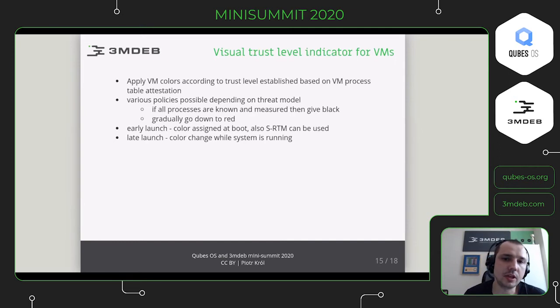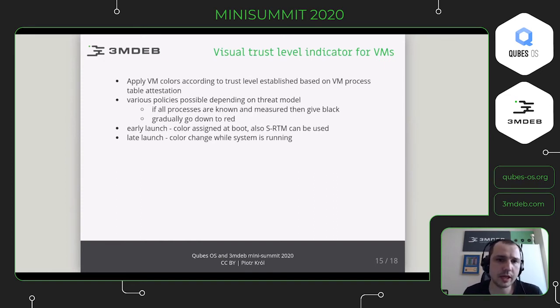Other things that may happen: if we have this ability of checking and inspecting those VMs, there may be some runtime indication to the user. For example, right now Qubes OS uses colors like red, black, blue. These are arbitrarily selected colors and don't mean anything at this point, but in the future changing those colors may have some meaning, and it could be connected to runtime attestation, or runtime inspection, of the VMs that we have.